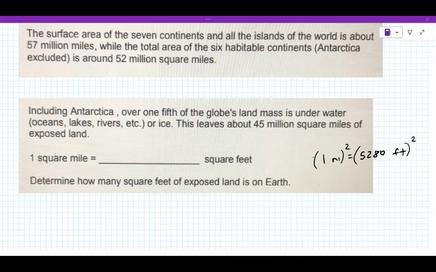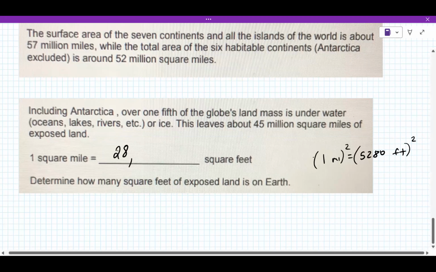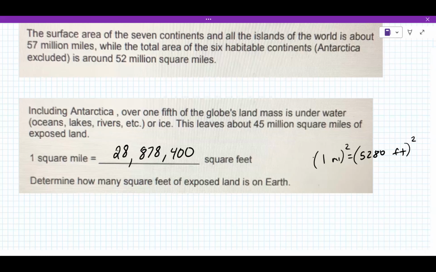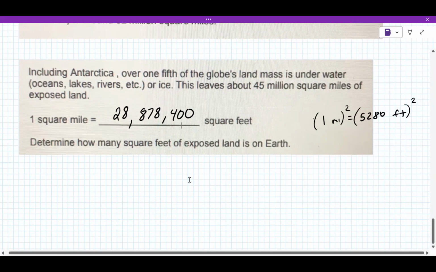So you just have to square 5,280 to get that result. But I think there's more. That's just sort of a lead in for the next question. All right, so it's 28,878,400, like that.